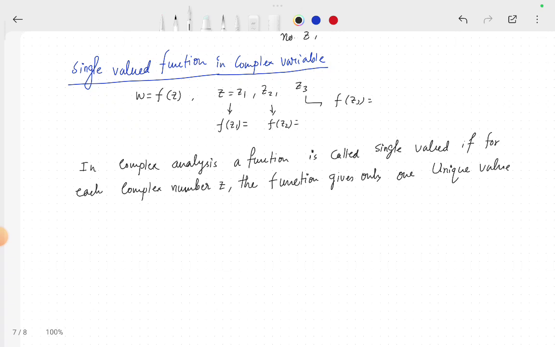One unique value, that is very very important. Okay, understood. So let's look at some examples of single valued functions. The first example is the polynomial functions.